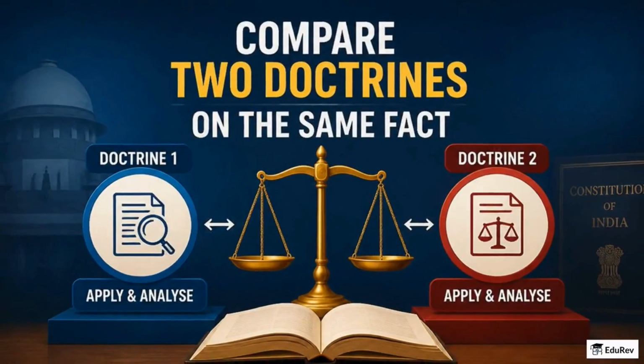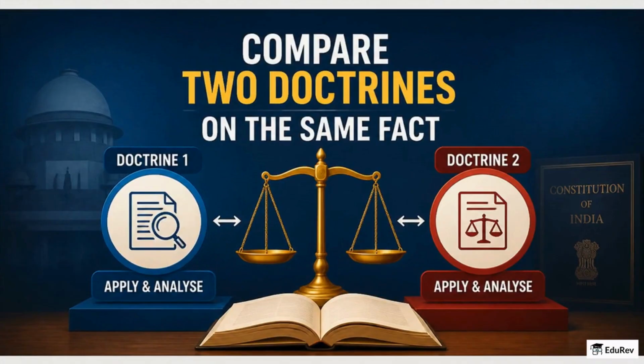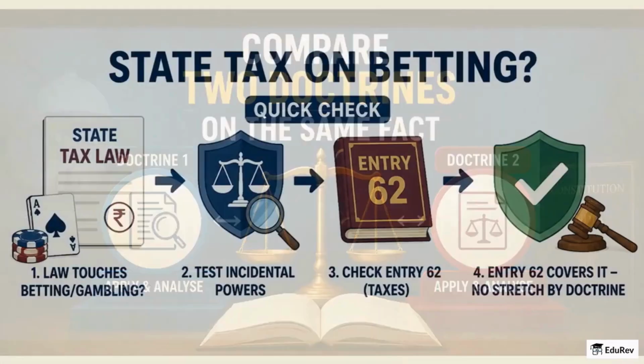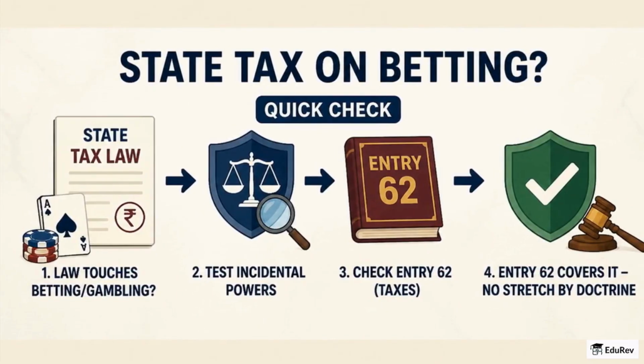A common trap aspirants fall into is describing doctrines in isolation. Instead, contrast two doctrines on the same fact to show deeper understanding. Quick example. If a state tax law appears to touch betting and gambling, test incidental powers, but check if entry 62 explicitly covers the tax, preventing stretch by doctrine misuse.